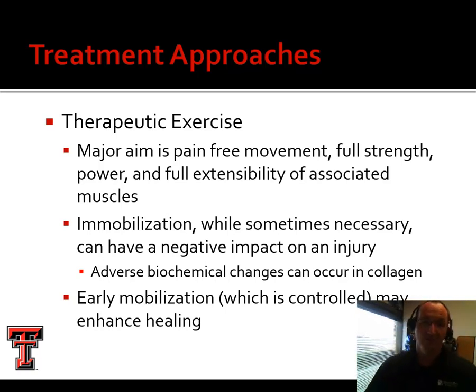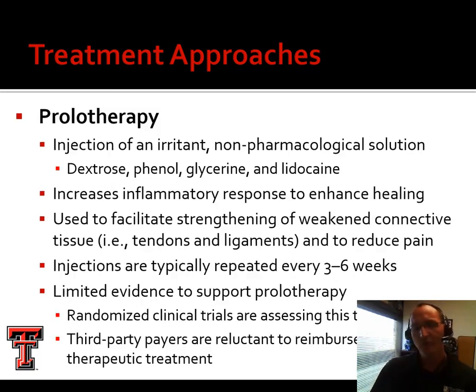So putting them in a removable splint, and then being able to do range of motion exercises and light therapeutic exercise in a controlled environment and then putting them back in the splint before they leave is typically preferred, as long as you can trust them to wear the immobilizer, to putting them in a rigid cast that can't be removed. Some other more contemporary approaches include prolotherapy and PRP.